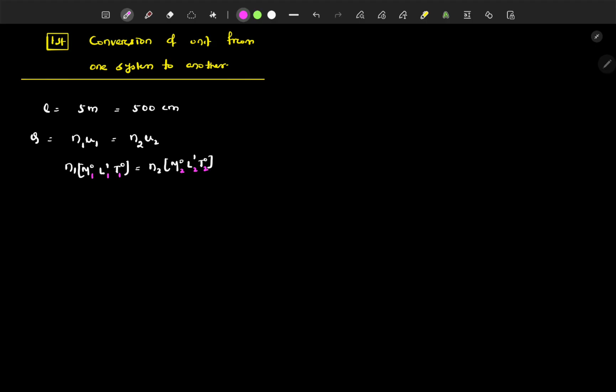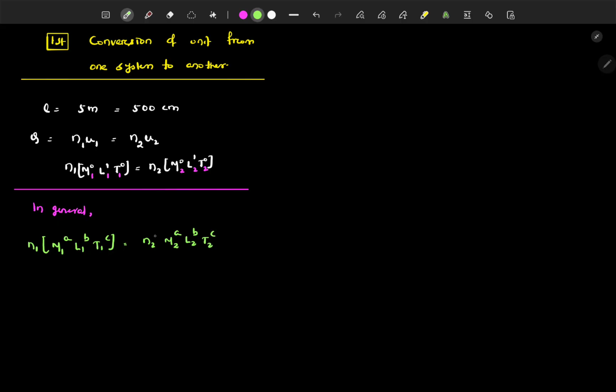Like this, in general we can say N1 into M1 power A, L1 power B and T1 power C equals N2 into M2 power A, L2 power B, T2 power C.